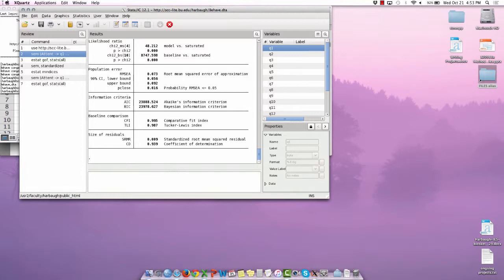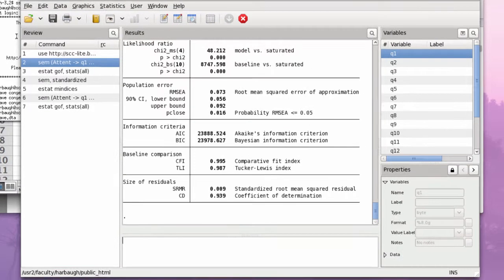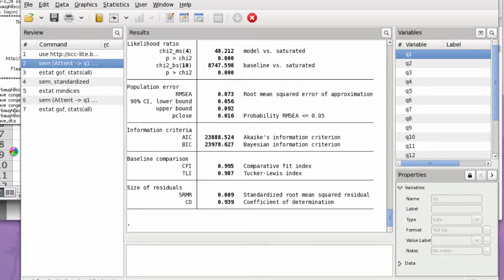Sorry, I don't know what just happened there. Okay. Let me zoom back in here.